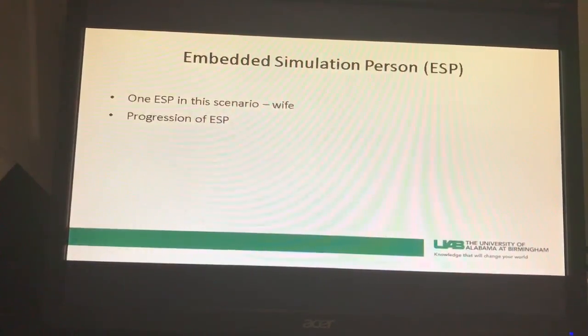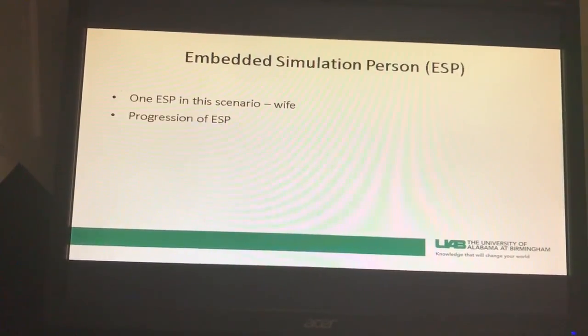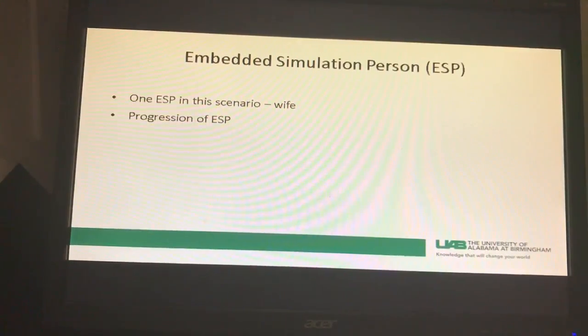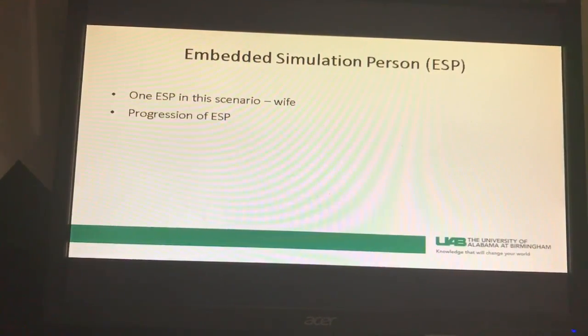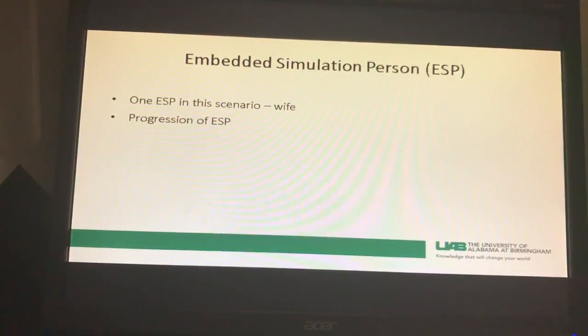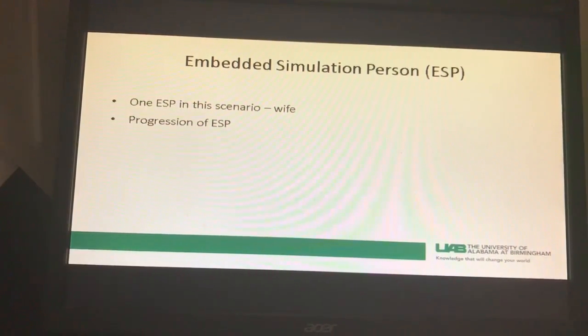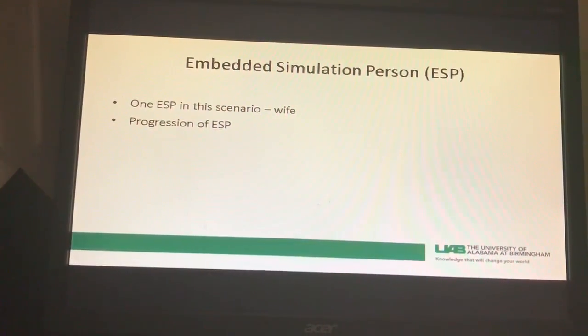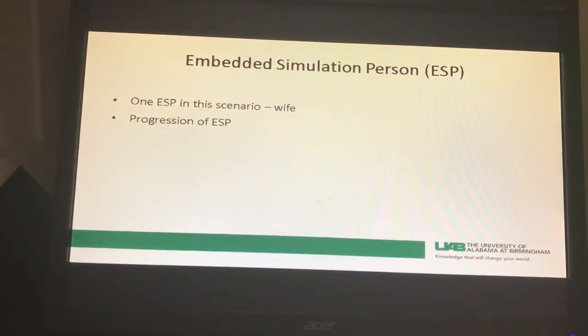The embedded simulation person is going to be his wife. She has a role set up to where she will start out calm, and then as he declines, become more and more agitated to the point where she is angry at the nurses for doing this to him.